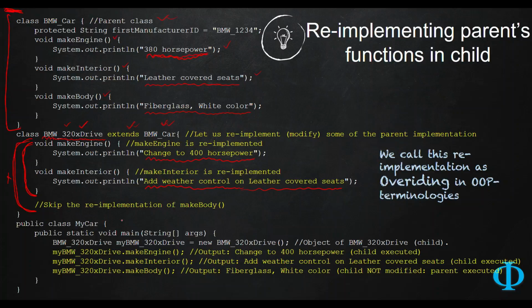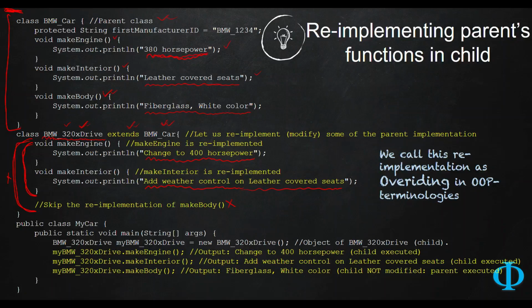And what we have done, let's say this car 320X drive did not make any change in the make body. So it just kept the default implementation of the BMW car. So we just skipped the implementation of the make body function. So now what will happen?